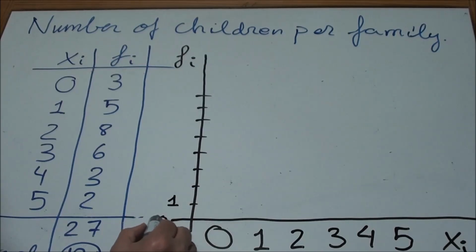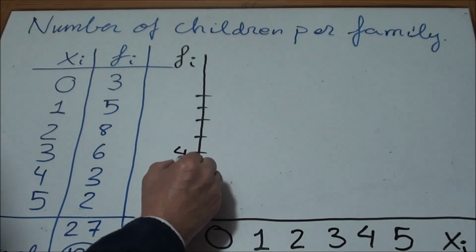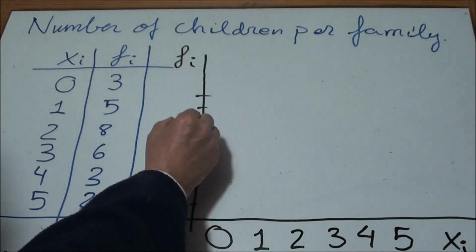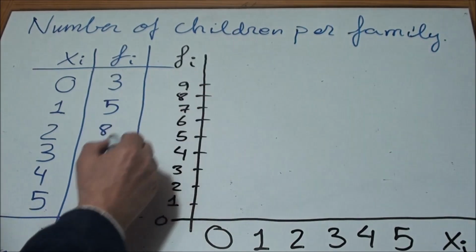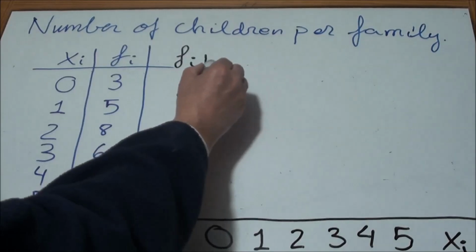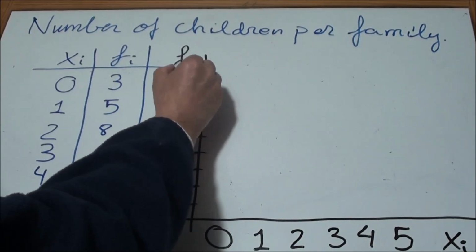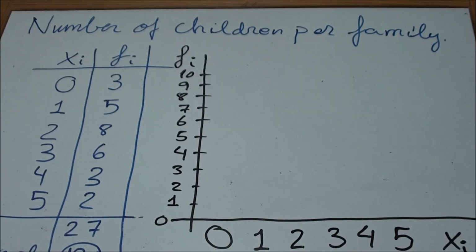The 0 would be here. We can continue, but we are not going to need any more because the highest number is 8. So this is the frequency, the number of families with these children.